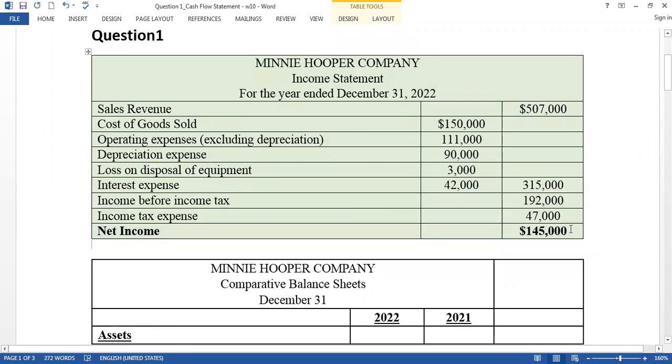You find that this is the net income, $145,000. And don't forget that this net income is accrual basis net income, calculated based on the accrual basis of accounting.